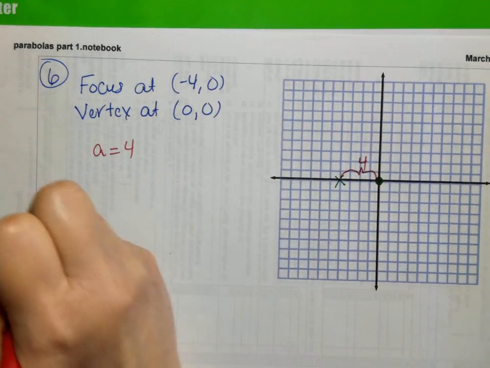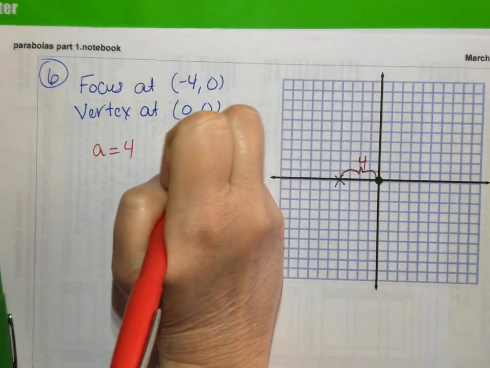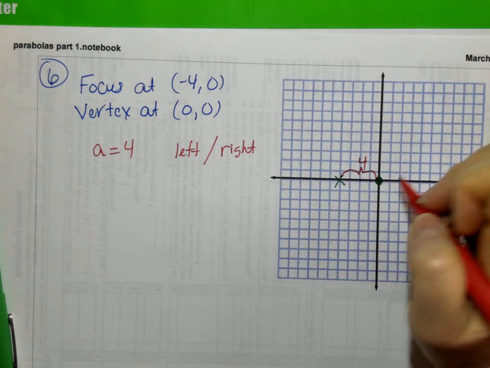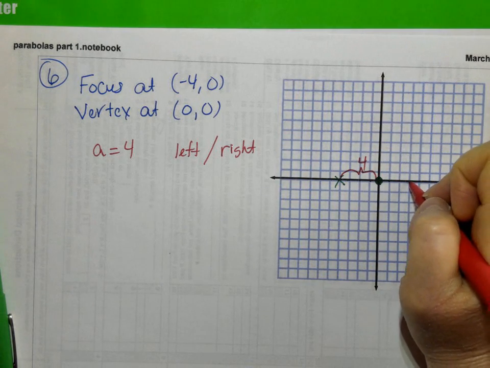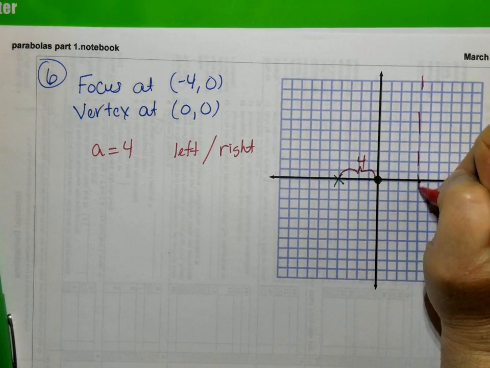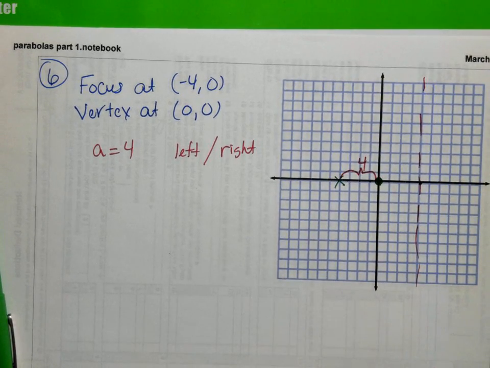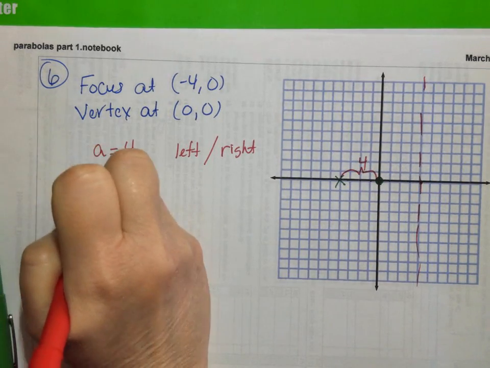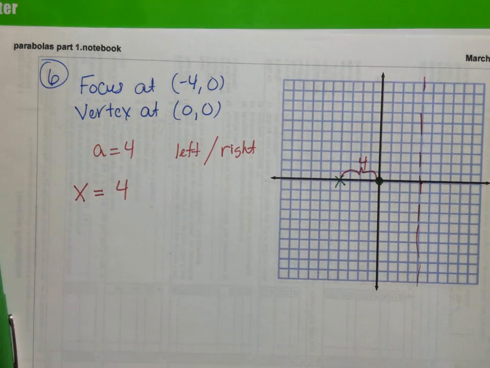If I went left, I'm going to need to go right because those are opposites of each other. 1, 2, 3, 4. That is going to give me my directrix. This time it's a vertical line, so my directrix is x equals 4.